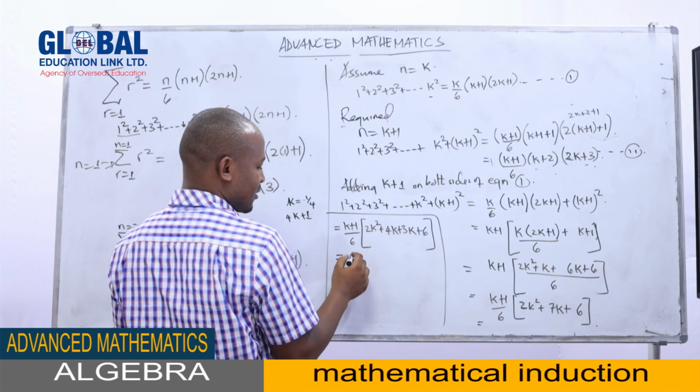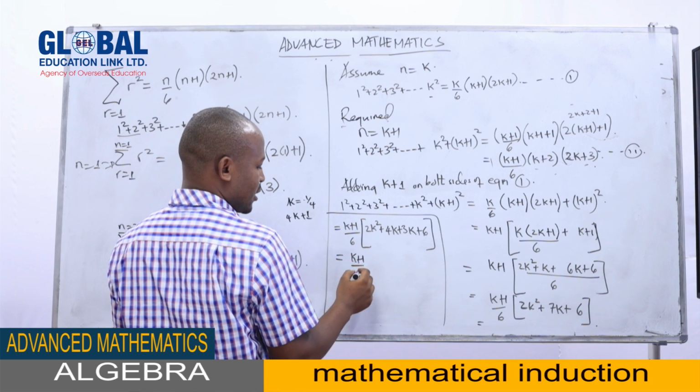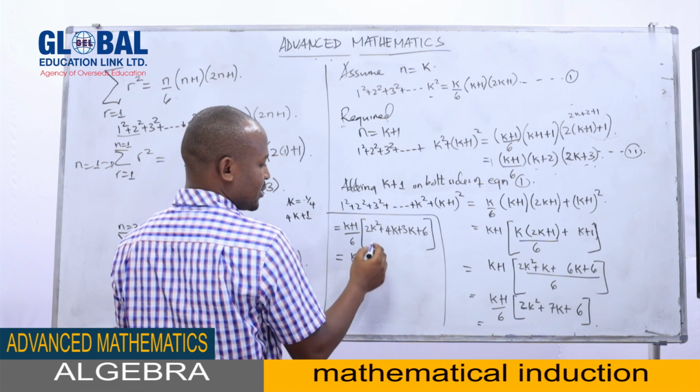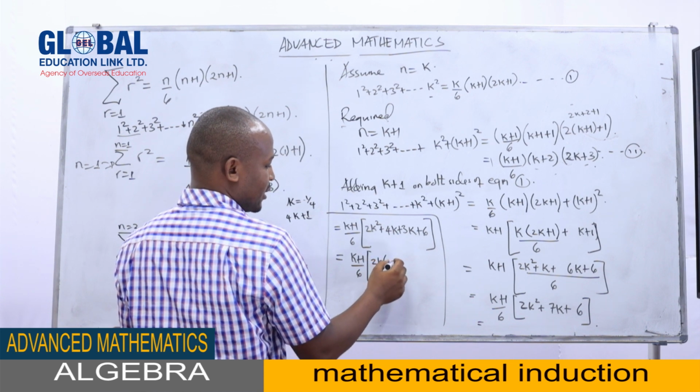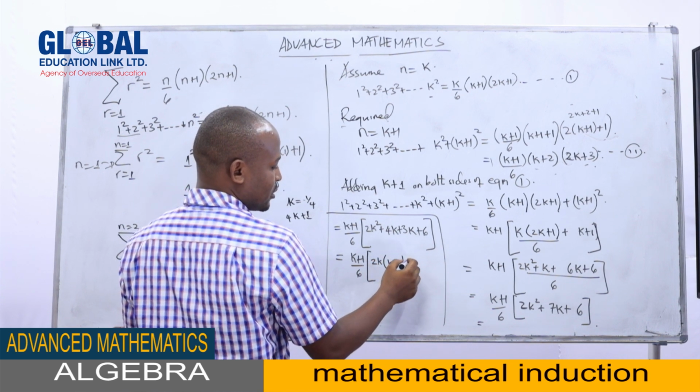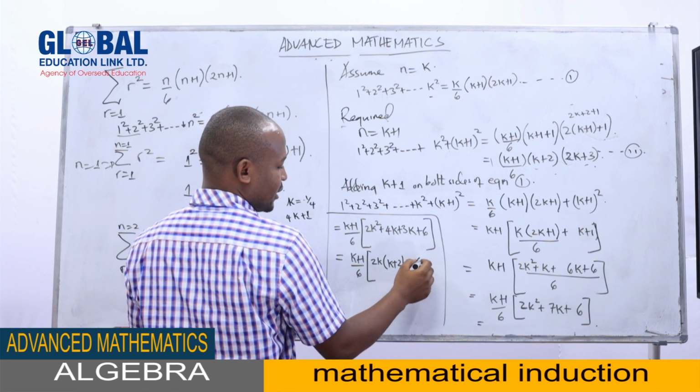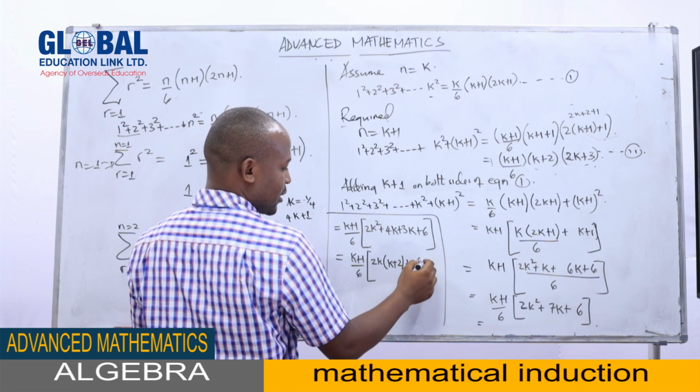Then we have k plus 1 over 6, and we have 2k times k plus 2, then factoring out a 3, a k plus 2.